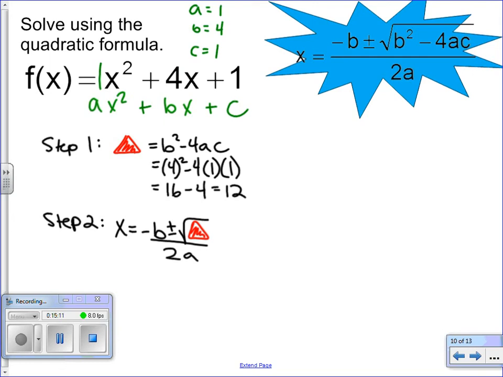Okay, so I'm cutting out some of that work from the full quadratic formula. So the opposite of b is negative 4, because it was a positive. And then I'll have plus or minus the square root of 12. And then I'll divide by 2 times 1, which will simplify to be just 2. So I'm going to go ahead and erase that and call that 2.